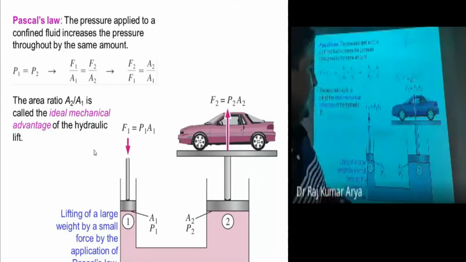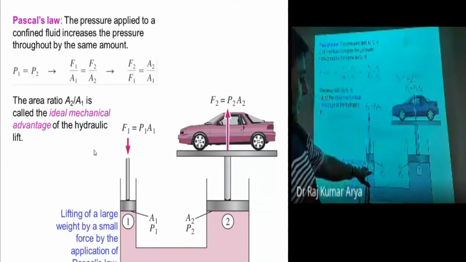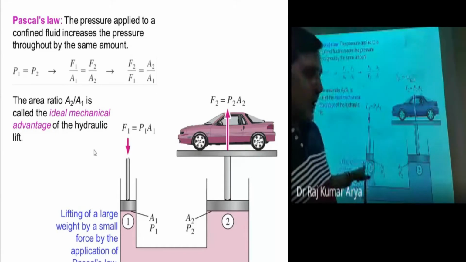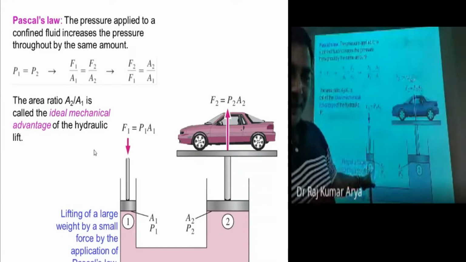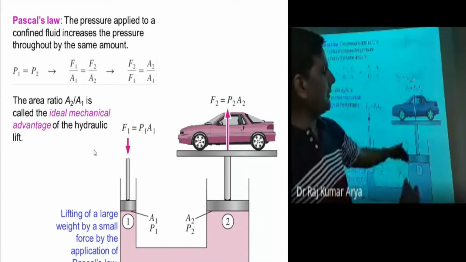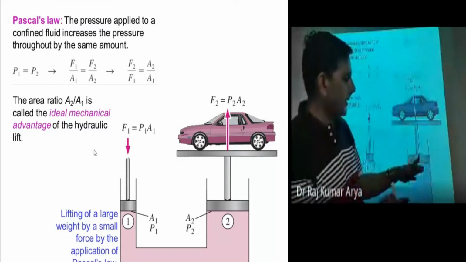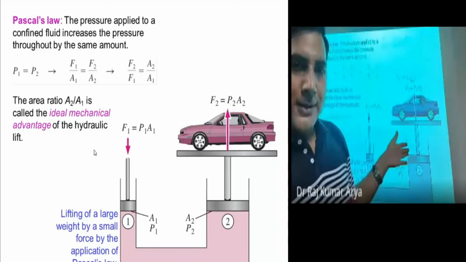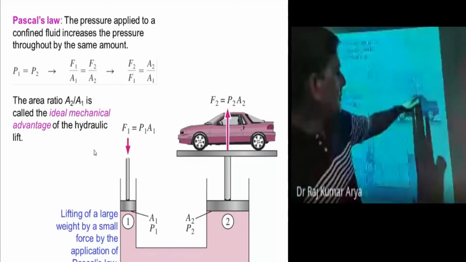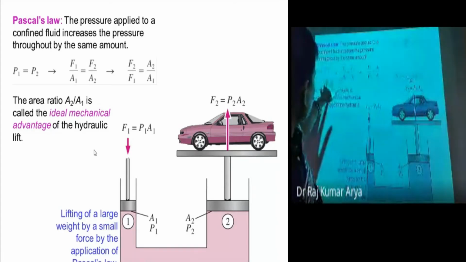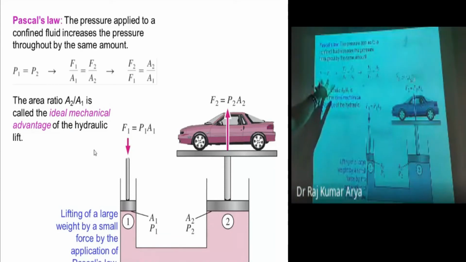So by putting just a small force here, you can lift the car very conveniently by changing the area of contact. So P into A, the magnitude, has changed here. That's the concept we have used.